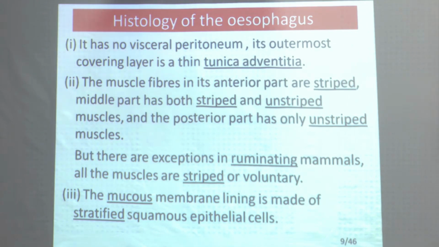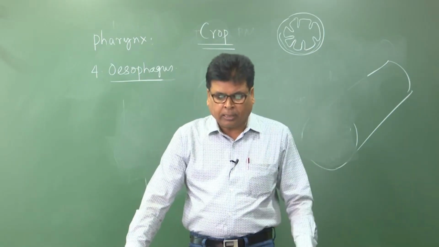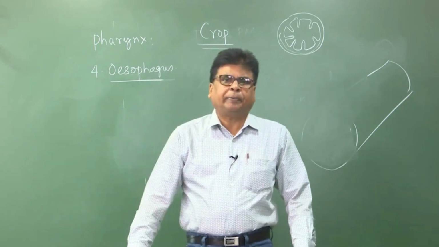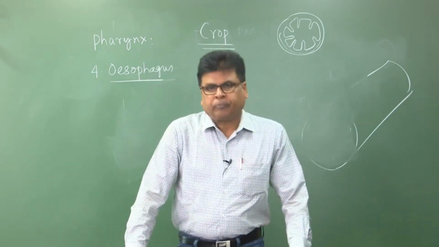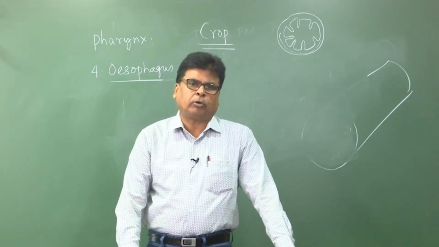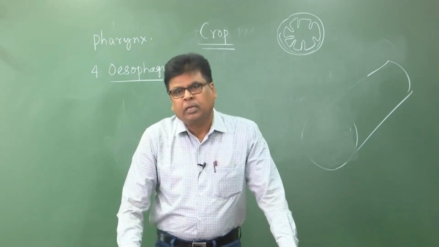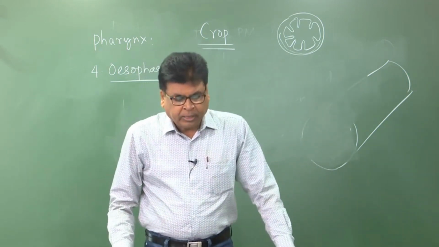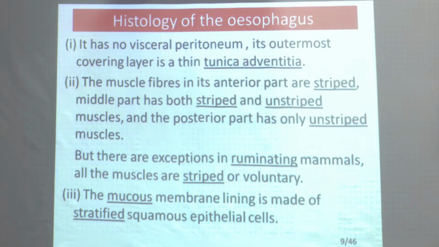Number one, we have discussed in our first class that the outer wall is typically the peritoneum, the typical structure of the alimentary canal. In the histology of the oesophagus, the outer layer would be the peritoneum, but in the oesophagus it has no peritoneum.